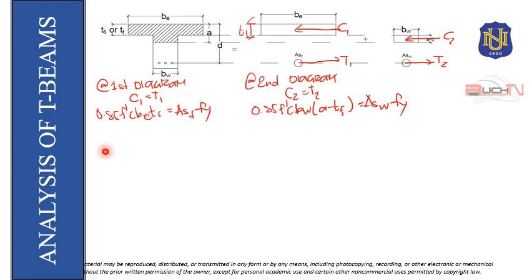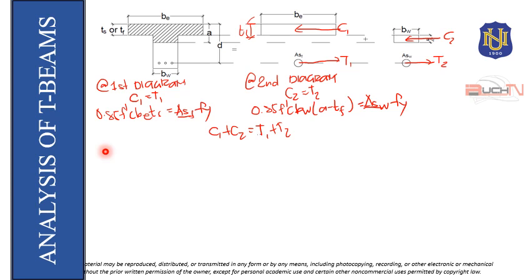So we notice, we cannot use these two equilibrium equations because A_sf and A_sw are both unknown. So, much better if we combine the two equilibrium equations such that C1 plus C2 is equal to T1 plus T2.